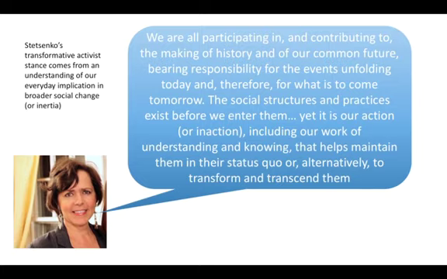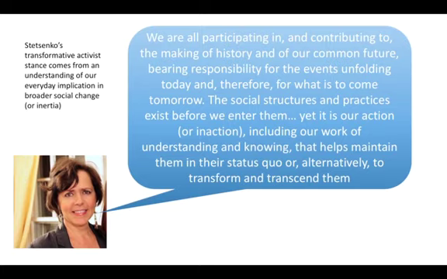Now, this is somebody I admire a lot, Anna Stetsenko, and she writes recently in her 2017 book about a transformative activist stance. And this is interesting because this suggests that in our everyday acts, we're implicated in broader social change or inertia, that we make history and our common future.